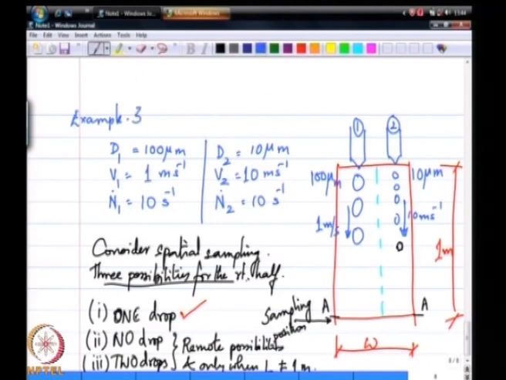I want to go back to example 3 where V2 is back to being 1 meter per second, but N2 is now down to 1 per second.